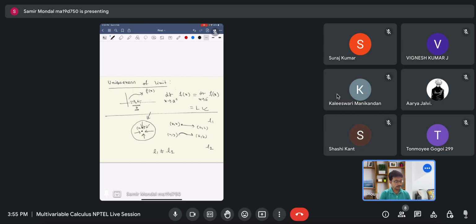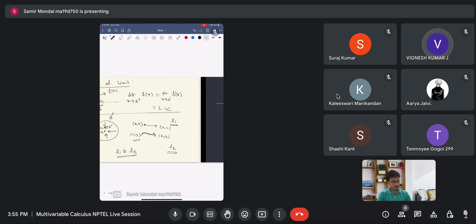But if someone uses this concept, that you have one path and on that path the limit of the function is L1, and we have another path along which (x, y) approaches the point and the limit of the function is L2, and L1 and L2 are different, then we can say that the limit of the function does not exist. Is it fine? Yes, sir. So now we can try one example.